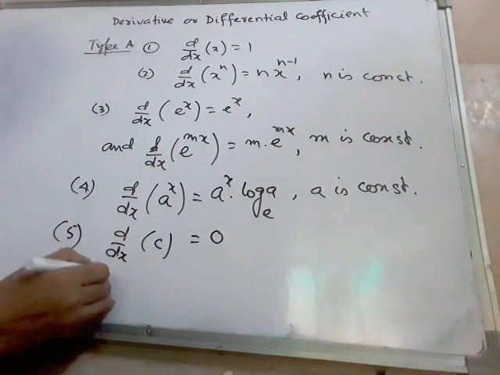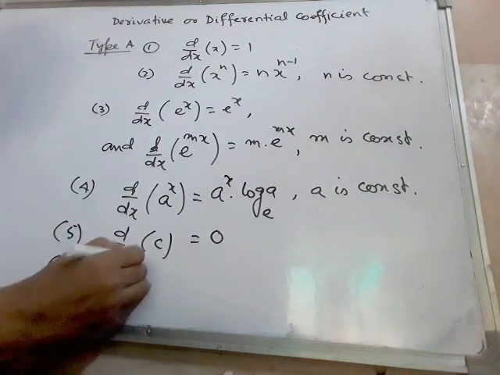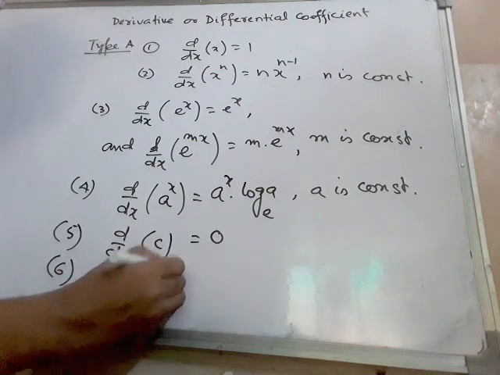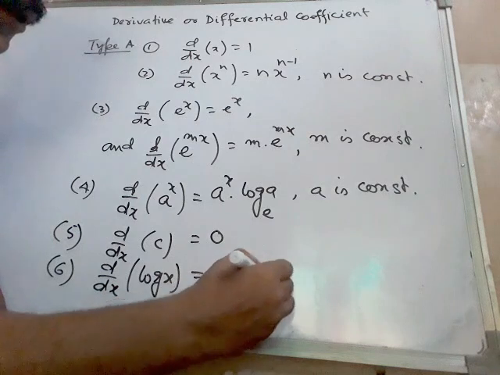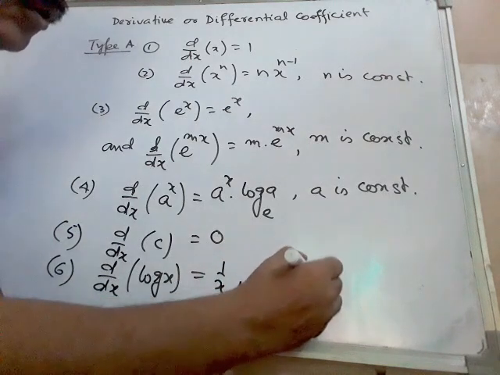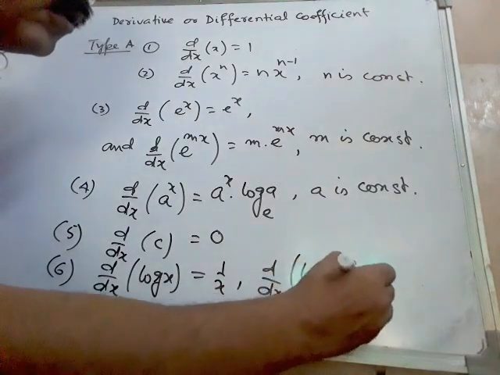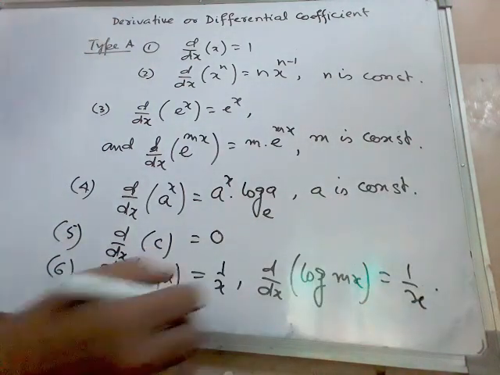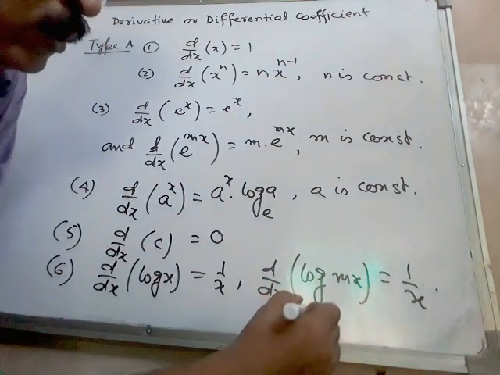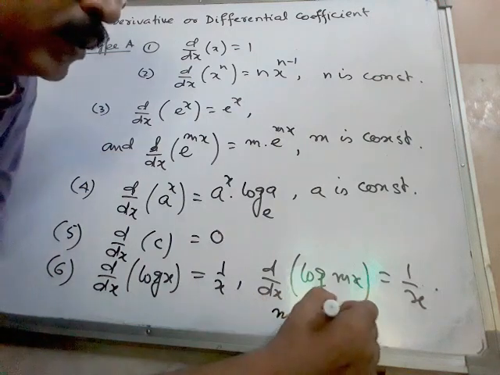Number 6: d/dx of log x equal to 1 by x, and d/dx of log mx is also 1 by x, where m is a constant.